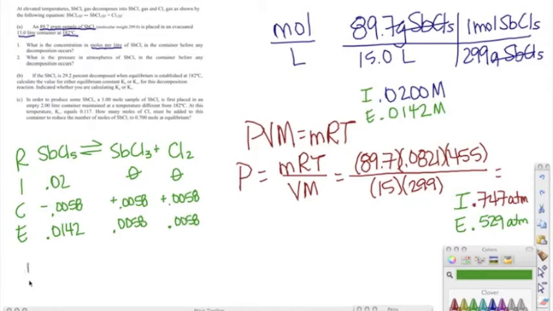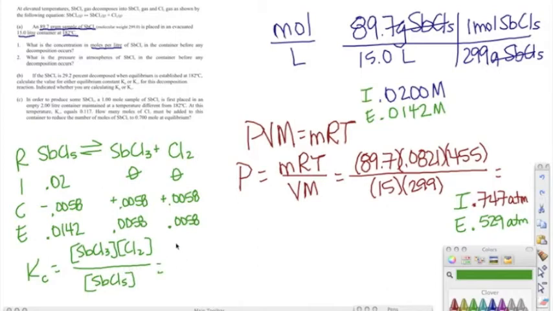So to calculate Kc, I'm going to take my product concentrations and divide it by my reactant concentrations. And remember, if any of these had coefficients, then their concentrations would be raised to that coefficient.